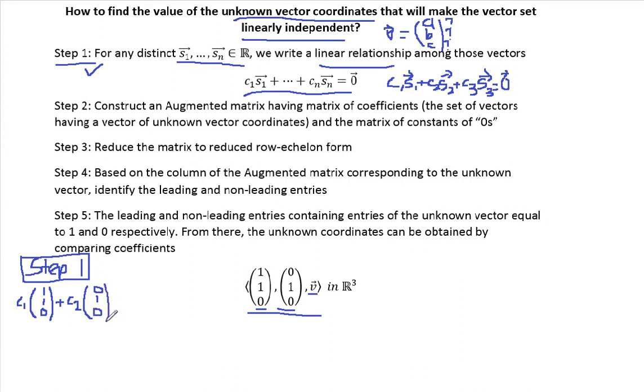Now we let our V equal to these coordinates. So plus C3 times a, b, c, equals to 0 0 0. So this is our step 1. Now let's go to step 2.